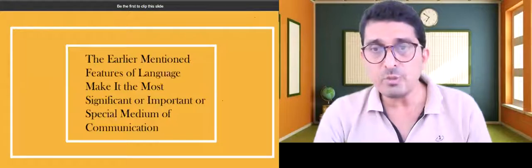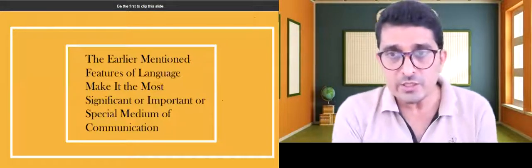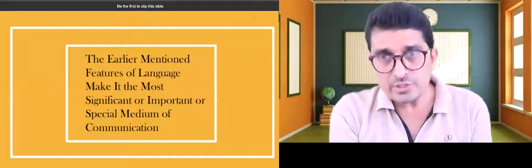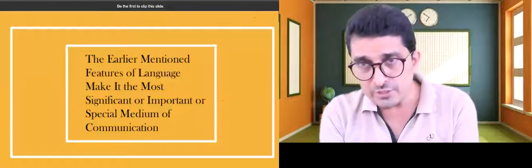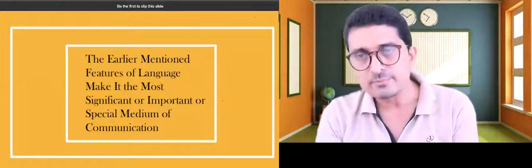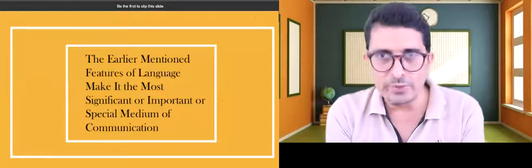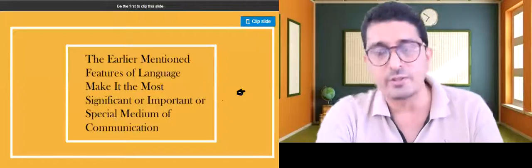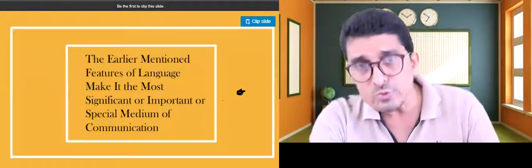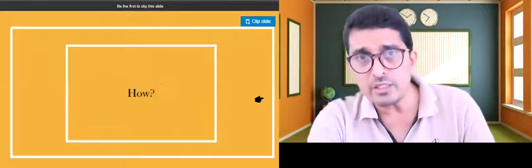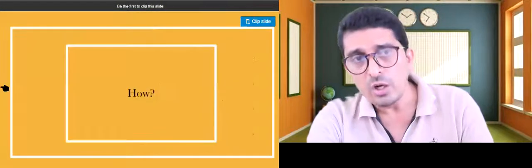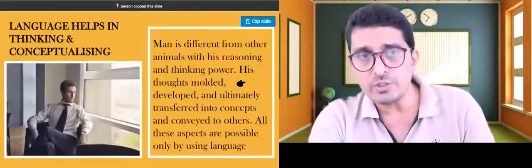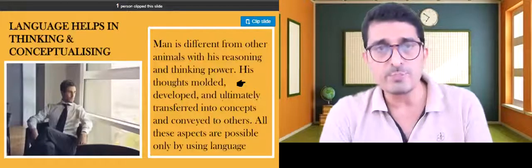So when you tell about the relationship between communication and language, you should tell language is the most important, most effective, most significant medium of communication. And if you have to justify your argument, if you have to prove your argument, then you can think about these features. How can you tell language is the most important medium of communication? Then just tell these points.